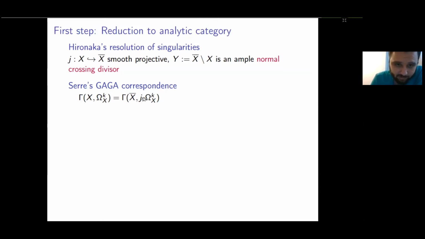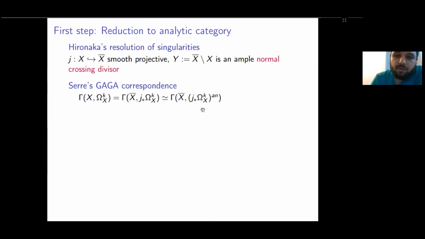This is possible after pushing forward the differential forms on X to X bar. Once we have this sheaf defined over X bar, which is a smooth projective variety, we can use Serre GAGA correspondence to obtain the isomorphism between the global sections of this sheaf, which is exactly the zero cohomology group, with the global sections of its analytification.